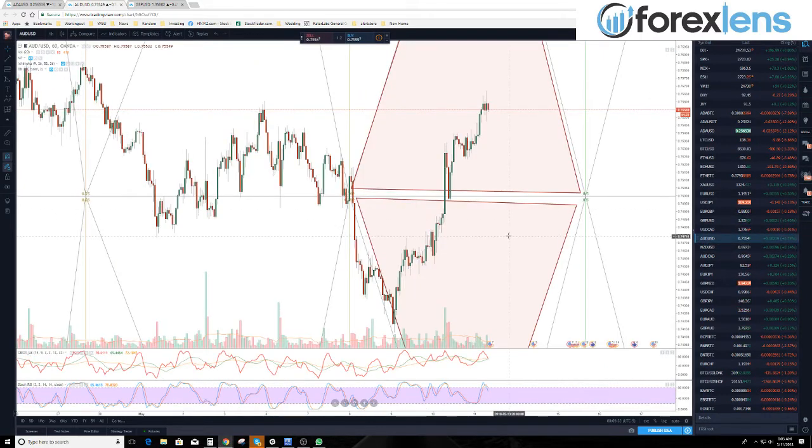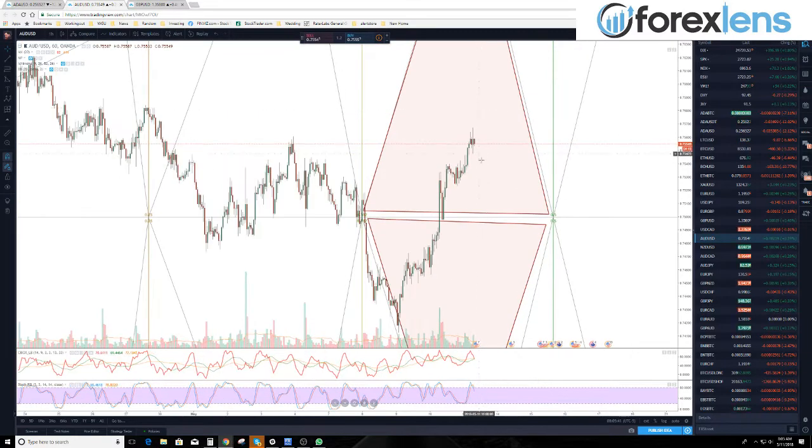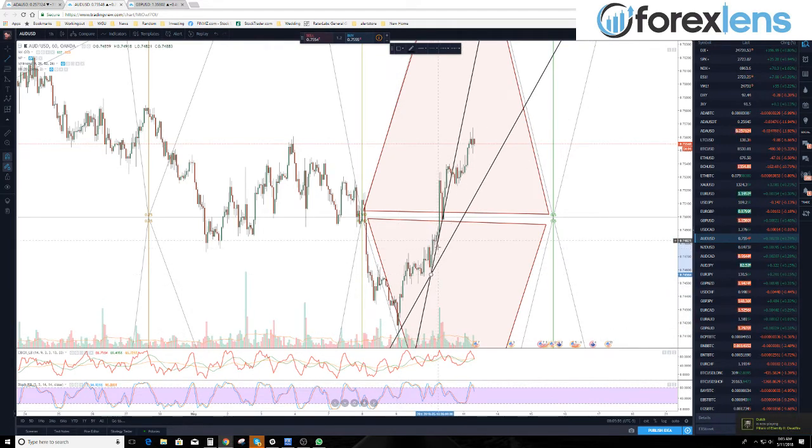Aussie dollar, US dollar. We're looking a little top heavy here on the Aussie dollar. Looking a little extended, a pretty parabolic rise on the hourly. We have a trend line here that's fairly steep. The pitch is fairly steep. Got another trend line.